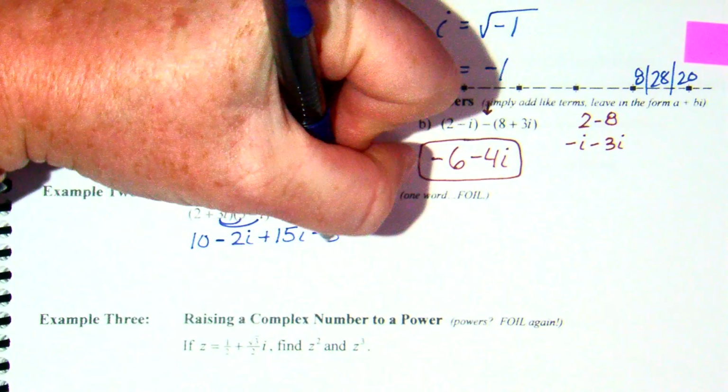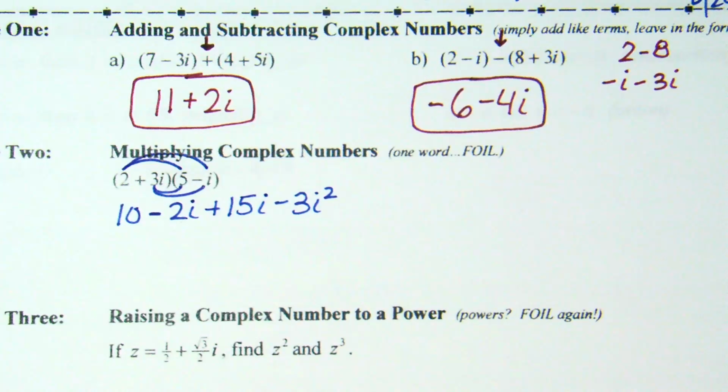Remember this idea of negative 3i squared? I should never ever see an i squared in a final answer, because i squared is equal to negative 1. So this now becomes negative 3 times negative 1, which is a positive 3. That's my little side note there. You may not need the side note, but that's my reminder. So this becomes a plus 3 there, doesn't it?